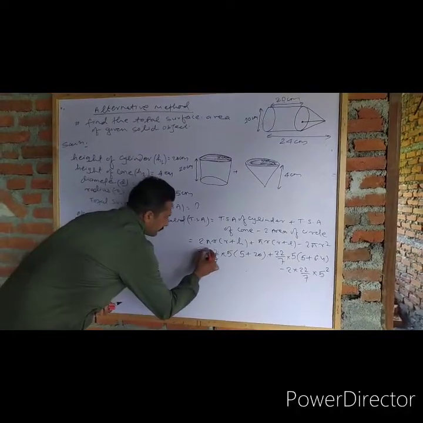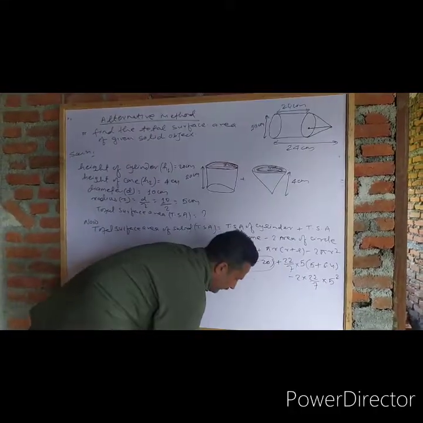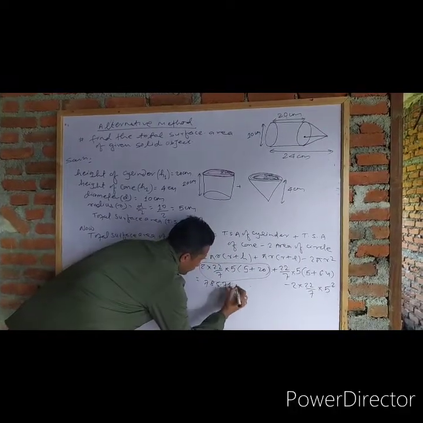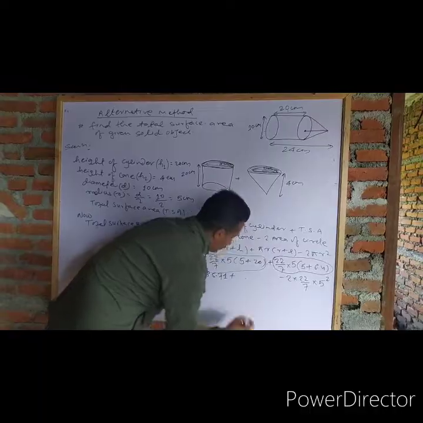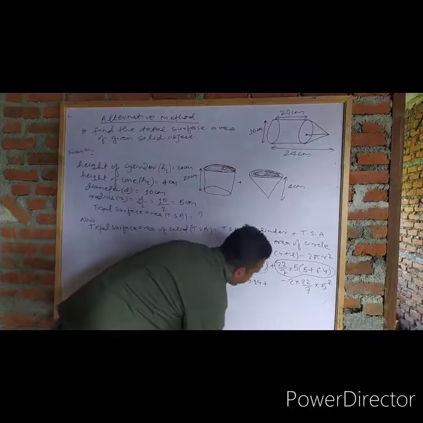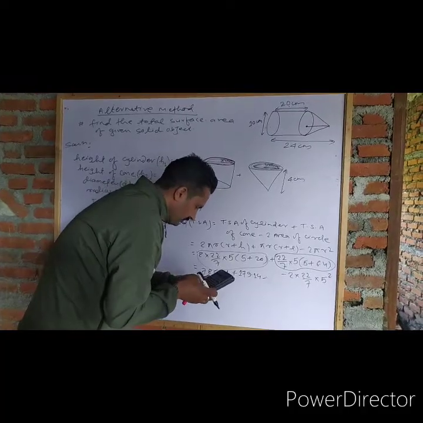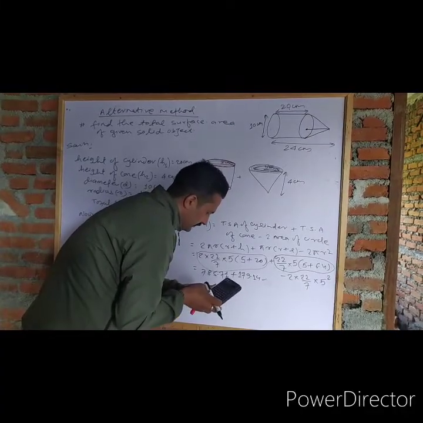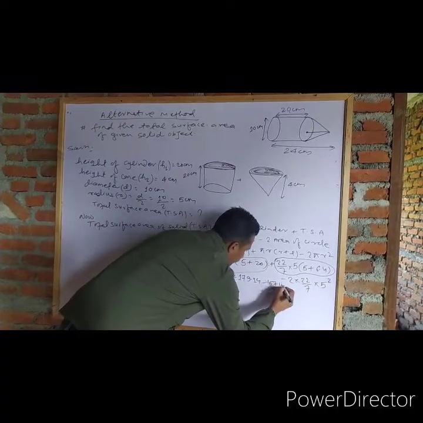Now find the value of these terms by using calculator. 785.71 plus 179.14 minus 2 into 22 into 25 divided by 7, that is 157.14.